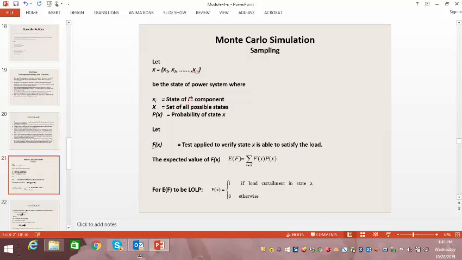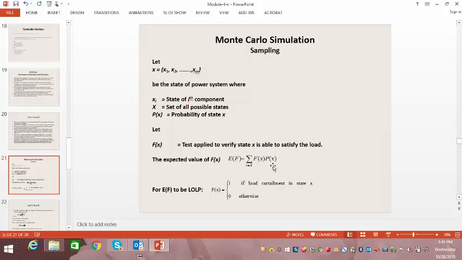Then we can define f(x) as a test function applied to verify whether the state x is able to satisfy the load or not. So the expected value of f(x), this test function, will be f(x) multiplied by its probability and summed over all the states, right?